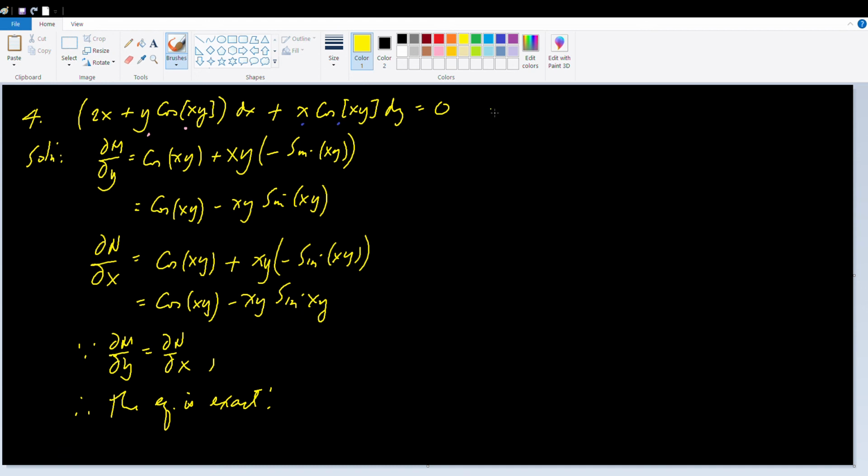So we define f of xy as the partial integral of 2x plus y cosine of xy quantity dx. We take the partial integral with respect to x. So the integral of 2x is 2x squared over 2 or just x squared plus y cosine xy. We are integrating with respect to x.